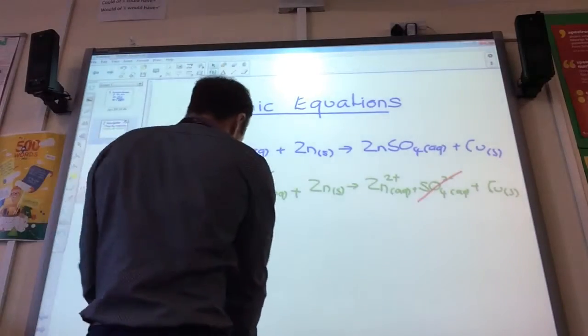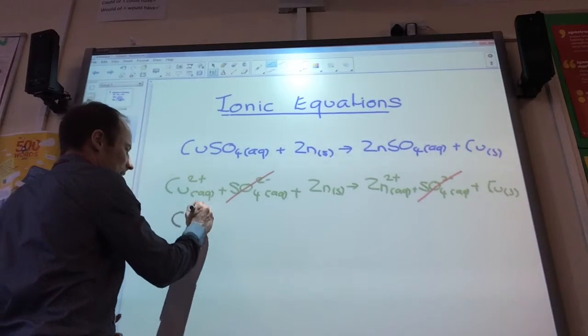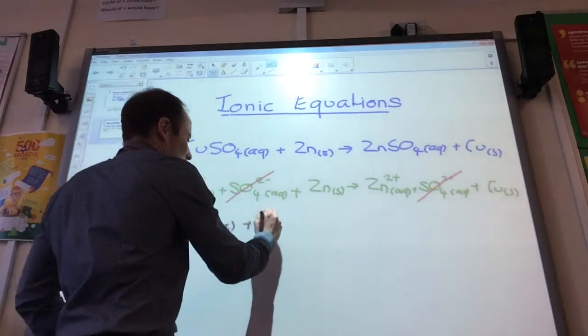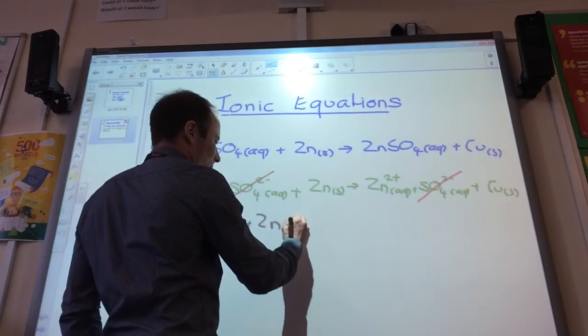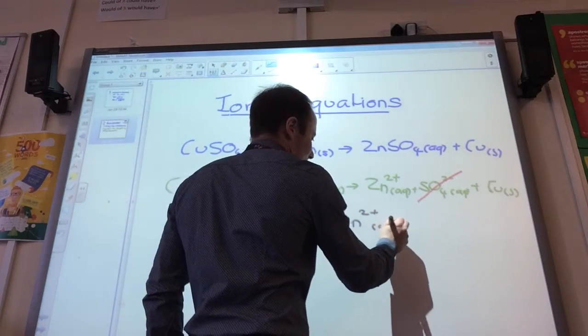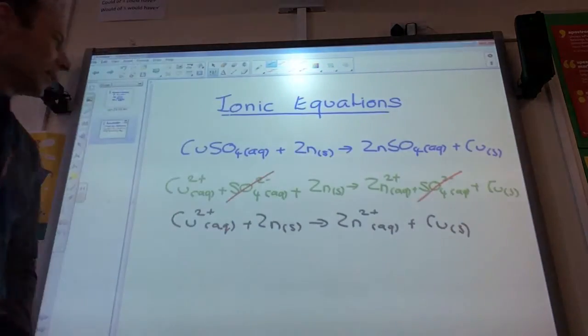So my final ionic equation is Cu2+ (aq) plus Zn (s) goes to Zn2+ (aq) plus Cu (s), like so.